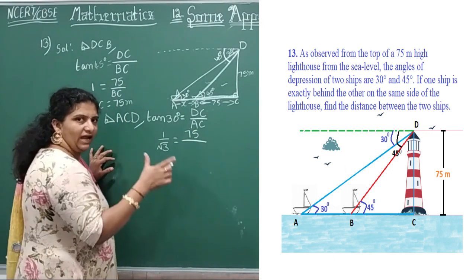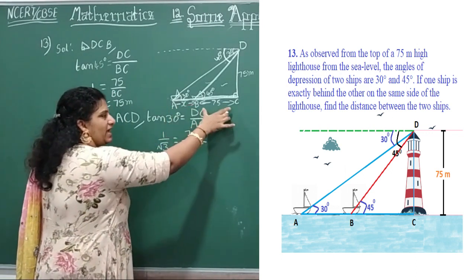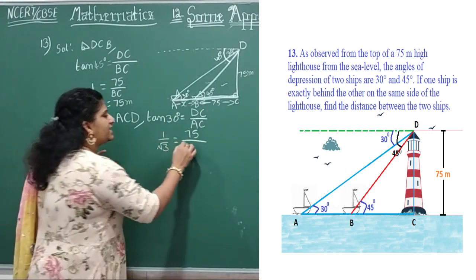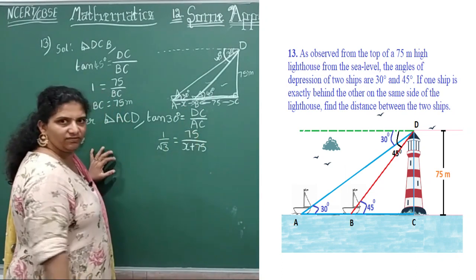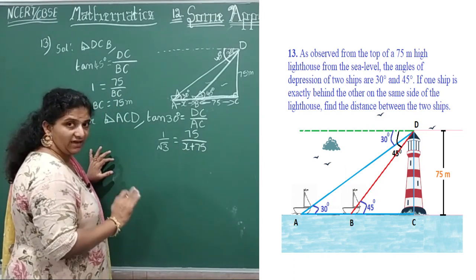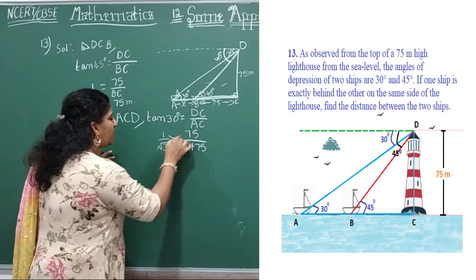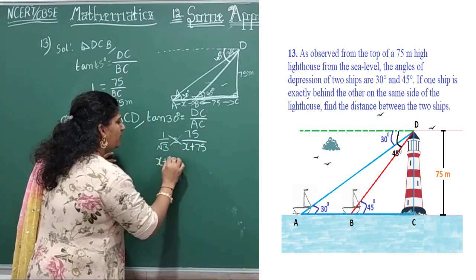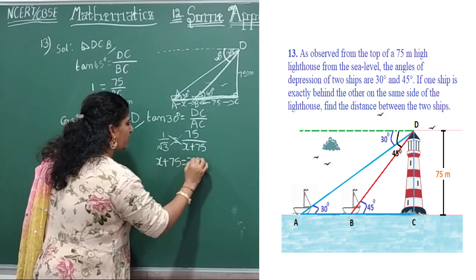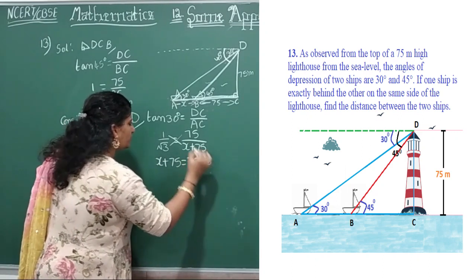AC, I will write it as AB plus BC. What is AB here? x plus 75. Okay, observe carefully here. So cross multiply. x plus 75 is equal to 75 root 3.